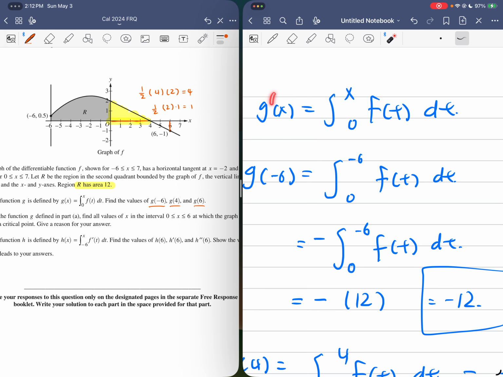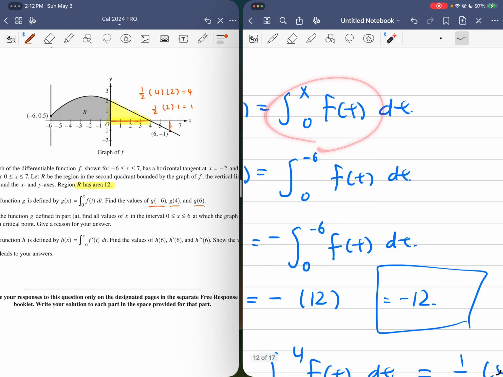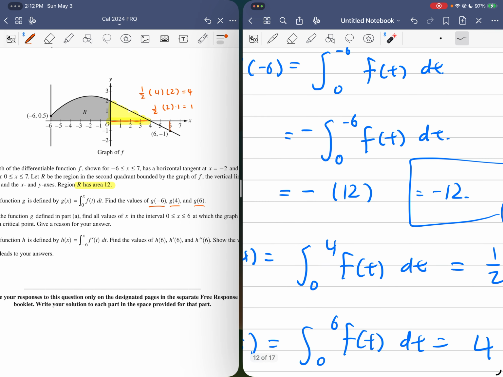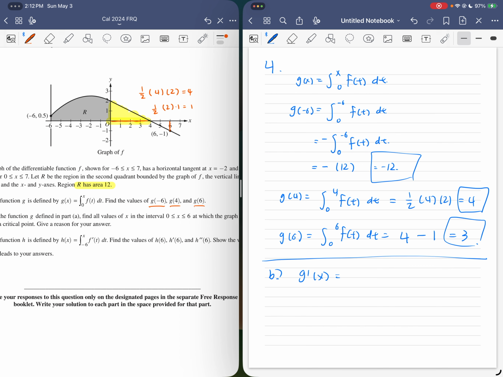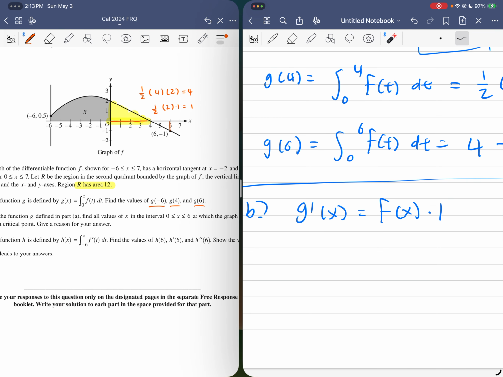When you take a derivative, the derivative and antiderivative cancel each other, so you're going to write f of x, instead of t, times the derivative of the upper limit, which is 1. Obviously, you have to do minus f of 0 times the derivative of 0, which is 0. But we don't have to write this, because it's always going to be this minus this. Yeah, so that's what it is.